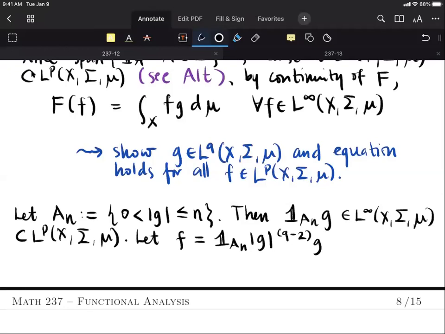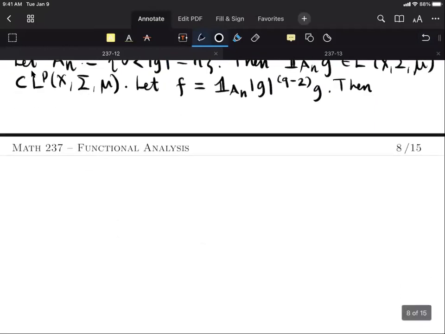That's G. And we know, going back to the proof, that this is in LP. So let us separate that one. Then F is in LP.